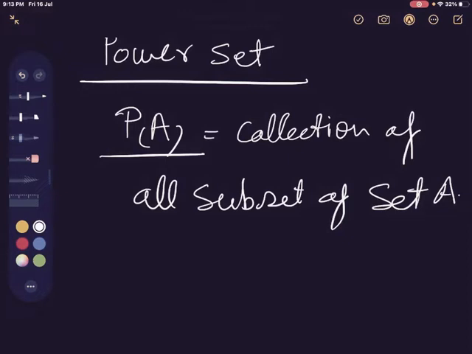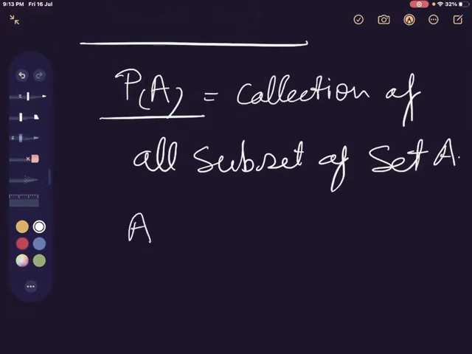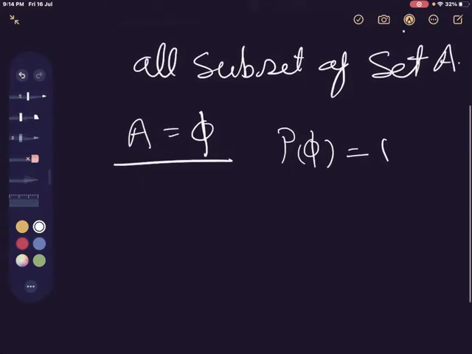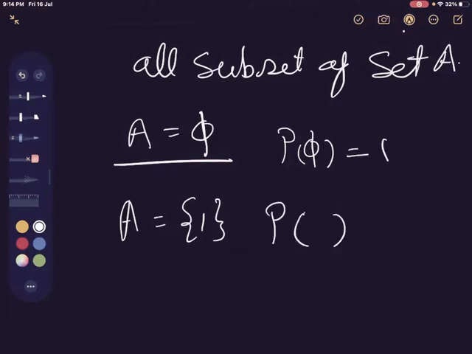Okay, so what happens if A is a null set? There is no element in A. So how many subsets does A have? Only one subset, right? Phi is a subset of itself, and phi is also a subset of all sets. So the number of elements in the power set of phi will be 1. If A is a singleton set, say {1}, how many sets are there in the power set of A?